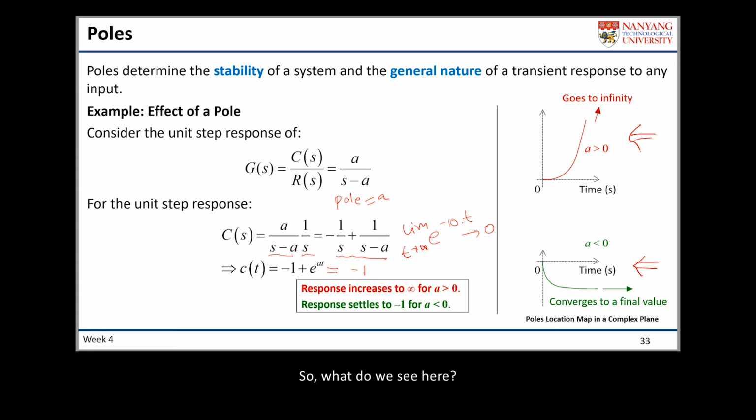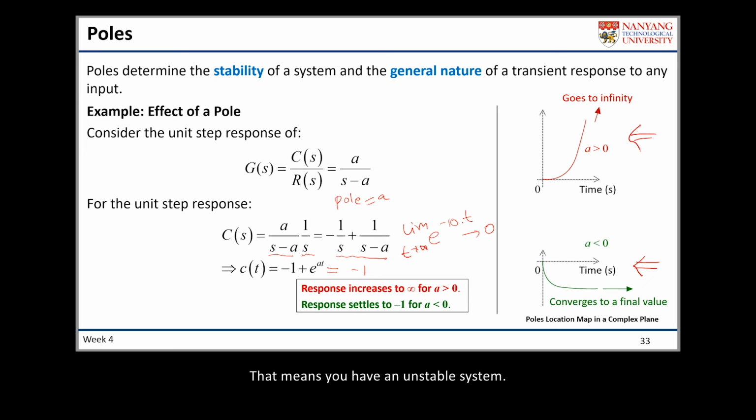So what do we see here? What we can conclude is, if we have a positive pole, the response will go to infinity. If we have a negative pole, negative a, the response will converge to one single value in steady state condition. This is to say that if you have a positive pole, the response will go to infinity.